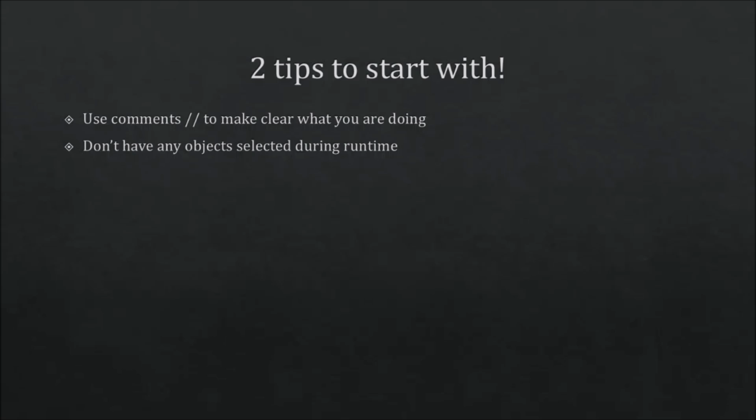Also, don't have any objects selected during runtime. That's something only for Unity users, and I think maybe also for Unreal Engine and some other engines, that if you have an object selected, it will render in the editor the values, the lists, everything that's public. And for a lot of engines, that's very hard to do.